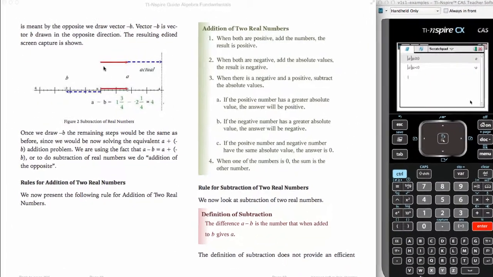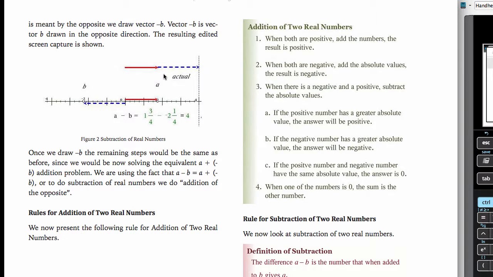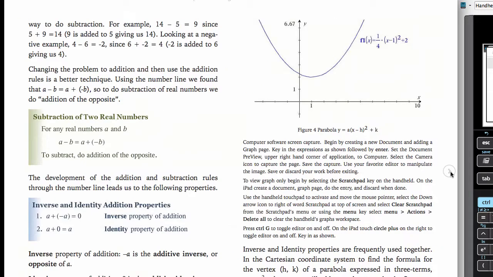Then they'll have the same activity where you will take the opposite of the vector and then add it for when you subtract. Then we come up with the rules for adding and subtraction and other different rules.